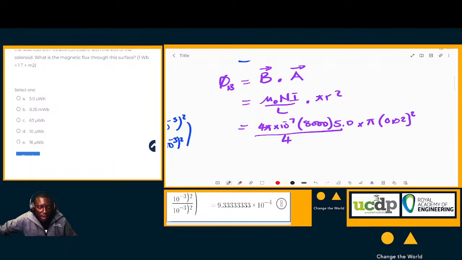So back to the calculation. We have 4 pi 10 to the negative 7 multiplied by 8,000 multiplied by 5 multiplied by pi multiplied by 0.02 squared and then divided by 4.